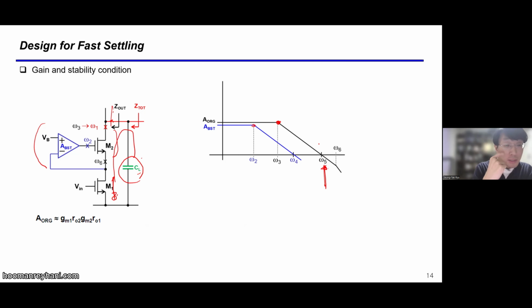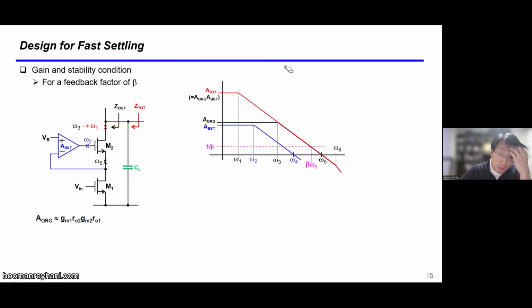What happens is, as we studied, gain boosting makes the output impedance higher. So with the same unity gain frequency, output impedance increases. What that implies is gain increases with the same slope, right? So it's going to be like this. Due to A boost, the entire gain is increased from here to here.